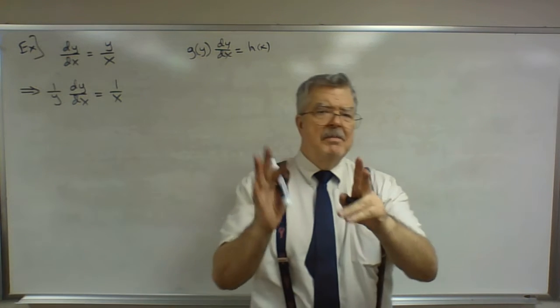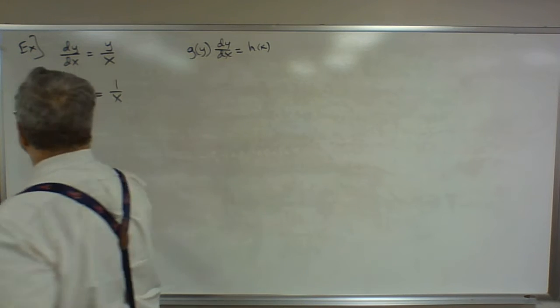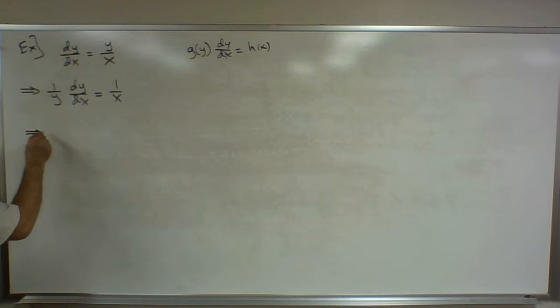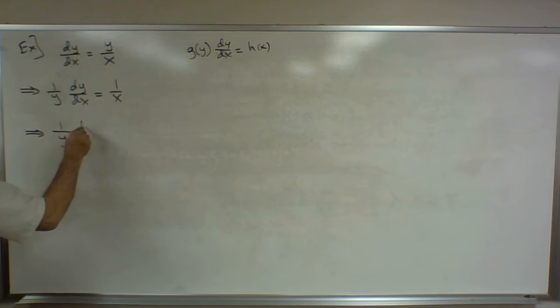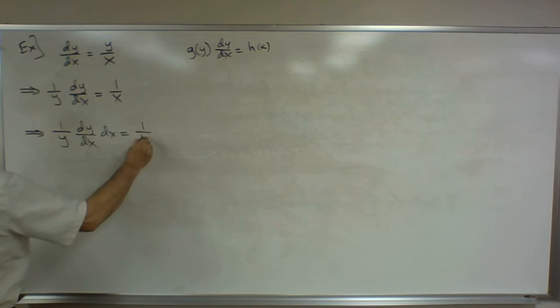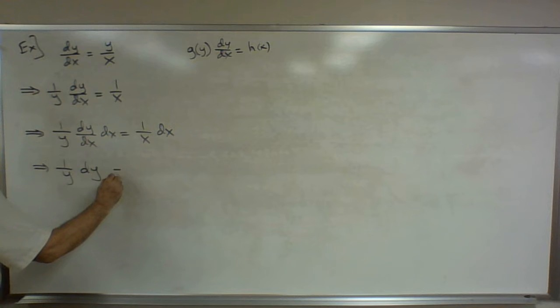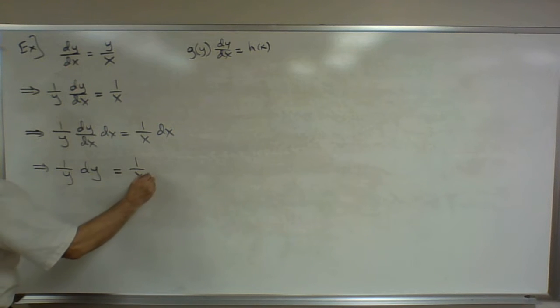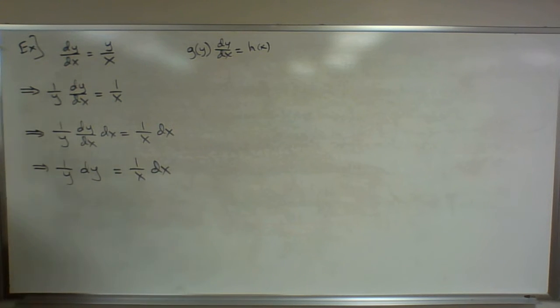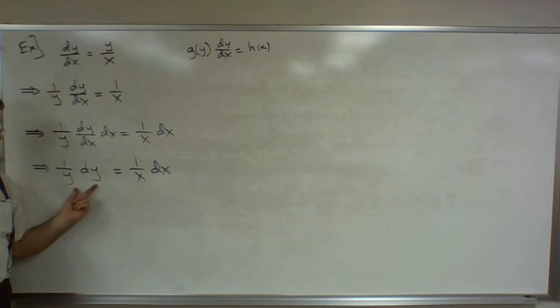And what do we do now? We multiply both sides by dx. And the left side, this dy/dx times dx just turns into the differential dy. We have our variables separated. y's and dy on this side, x's and dx on this side.